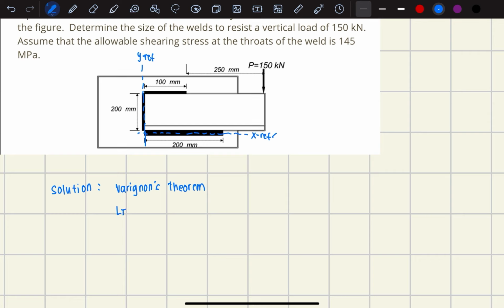So, yung total length ng weld group times the Y bar is equal to summation ng length ng mga segment ng weld times yung Y. So, i-assign ko to itong mga weld segment as L1, ito as L2, L1, L2, L3.